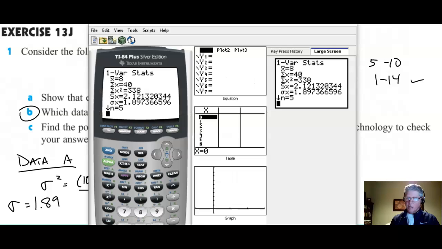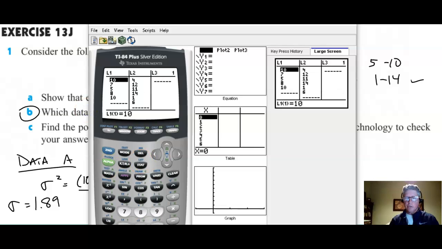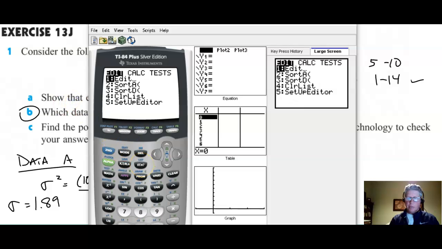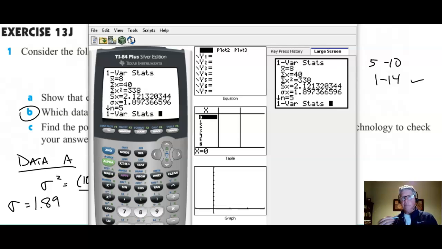If I want to find all the stuff for the other list, for list 2, all I have to do is Stat, Calc, one variable statistics, but now I have to tell it it's in list 2. It's assuming list 1 usually, so remember, you hit second and then the number of the list.